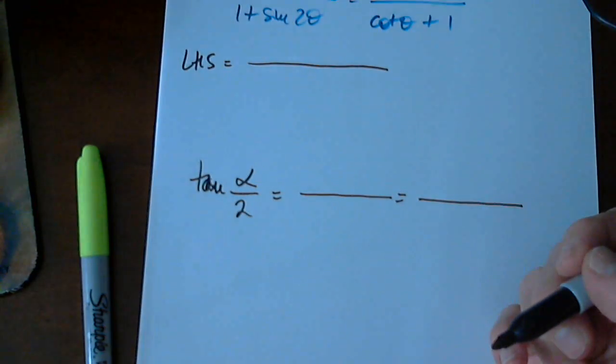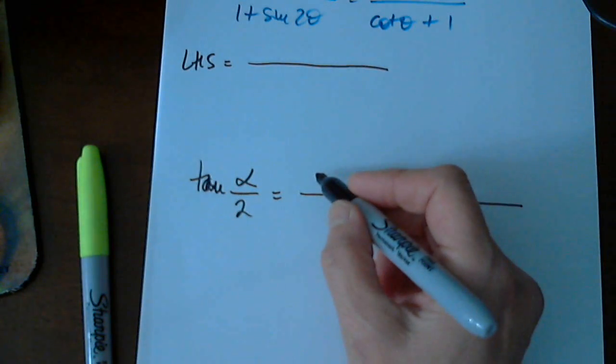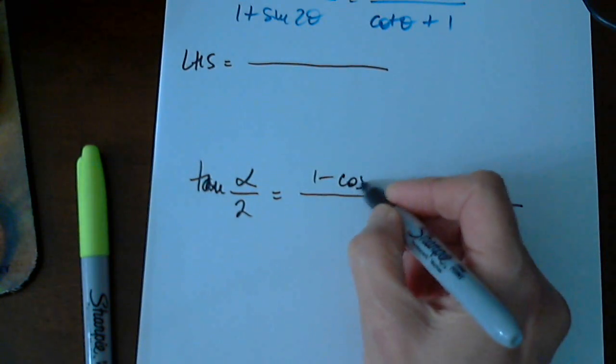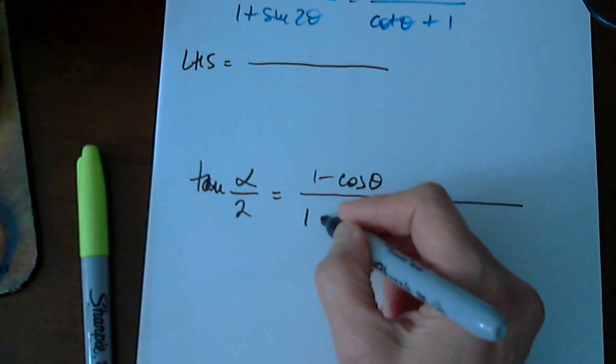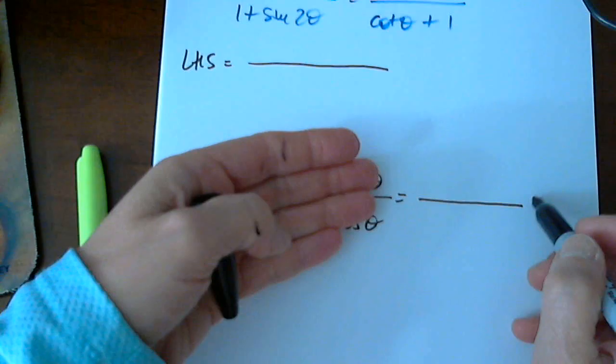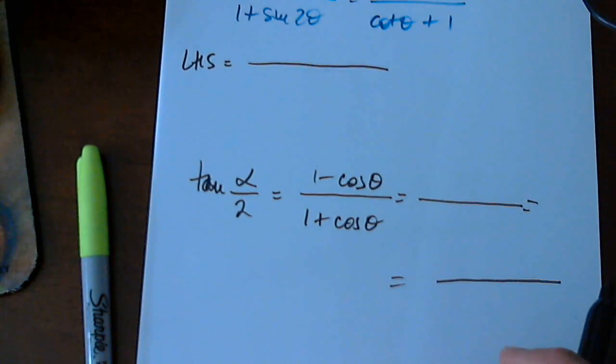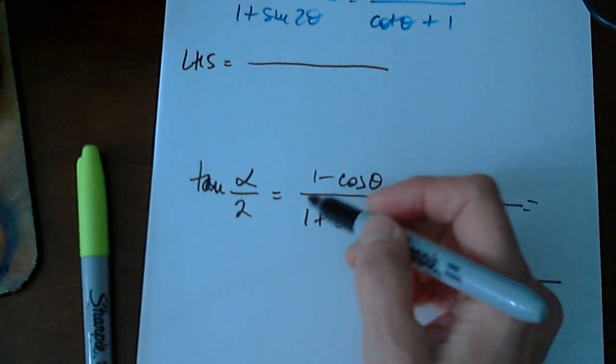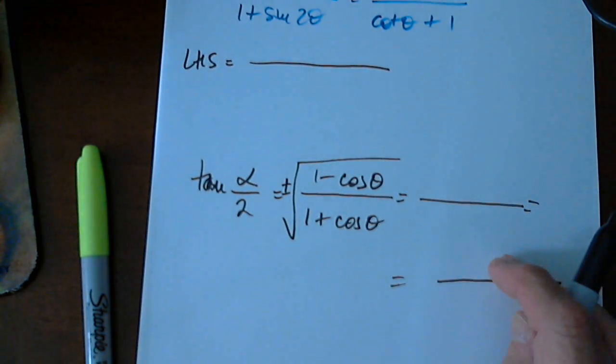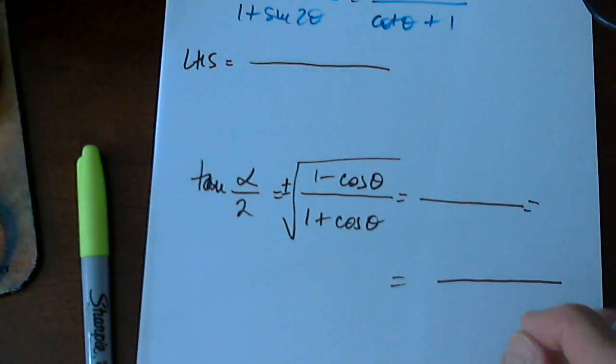Anyone remembers those? Is it 1 minus cosine theta divided by 1 plus cosine theta, with a square root? Yes, that's one of them, you're correct, but I want the other two that do not have the square root. Anyone remembers them?